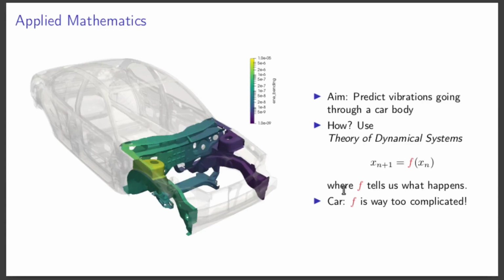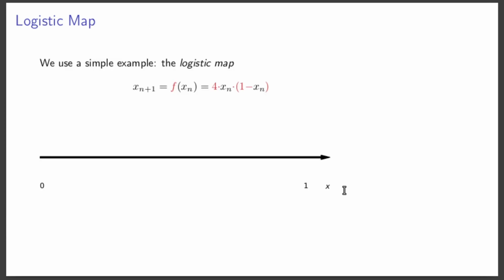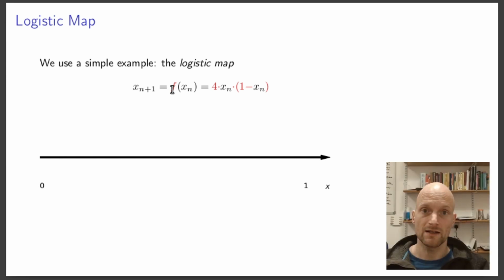Now, for this real-world problem, of course, this f is way too complicated. So in this short introduction, I will focus on something way simpler. And what I want to focus on is the so-called logistic map. I gave it the same color here, so this letter f symbolizes again the function which maps a certain input to an output.